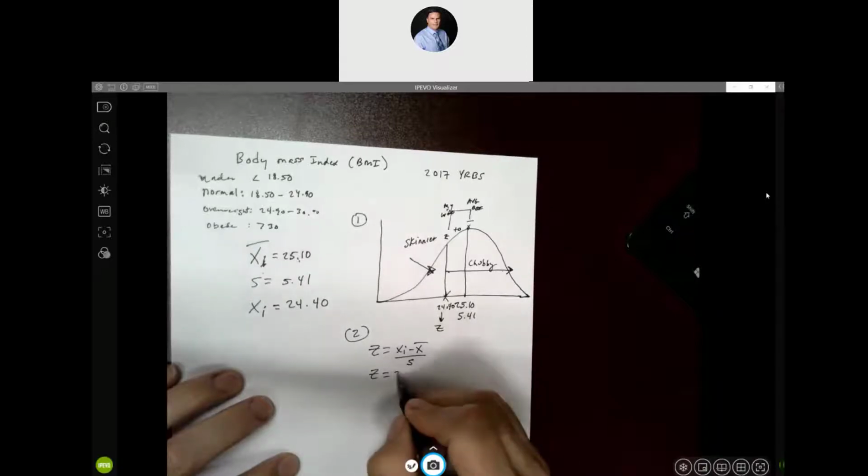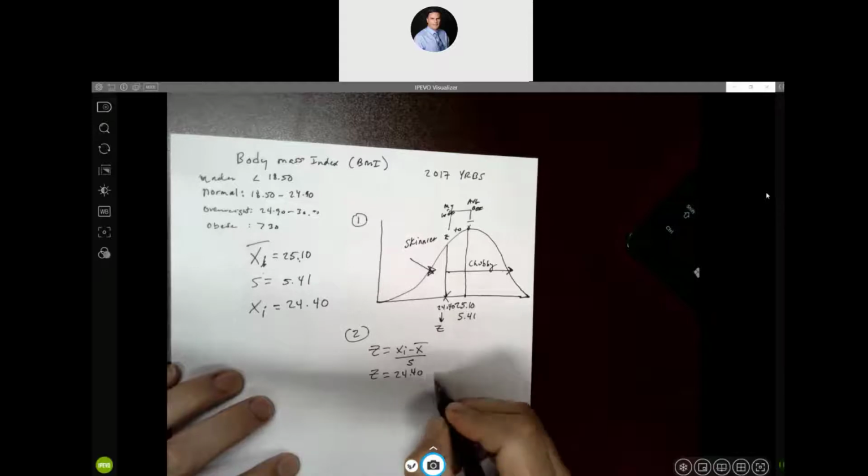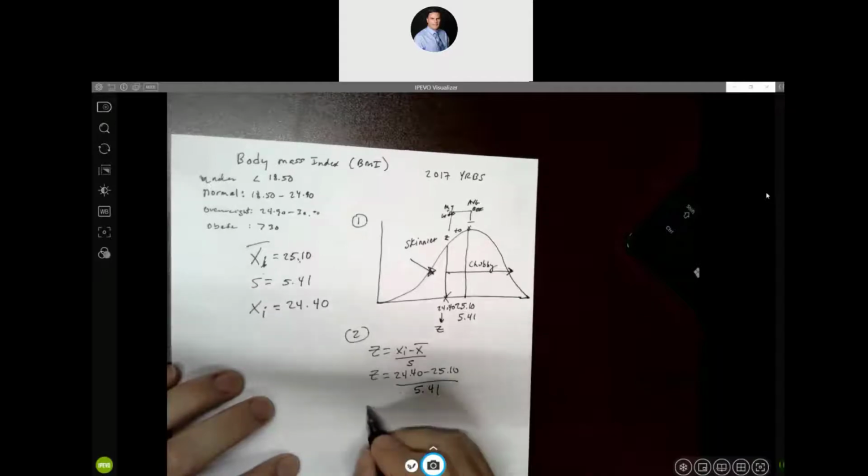The x sub i is 24.40, the mean is 25.10, and the standard deviation is 5.41. If we keep working that out, we're going to get a negative 0.70 divided by 5.41, or a z that's equal to a negative 0.129. We're going to round that to a negative 0.13.